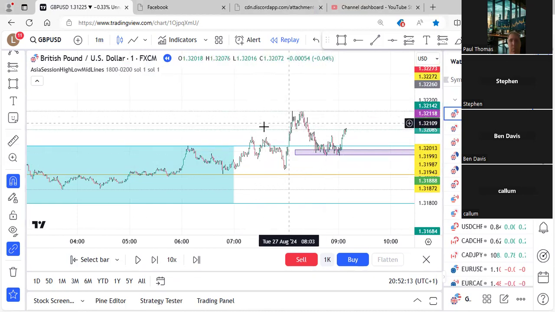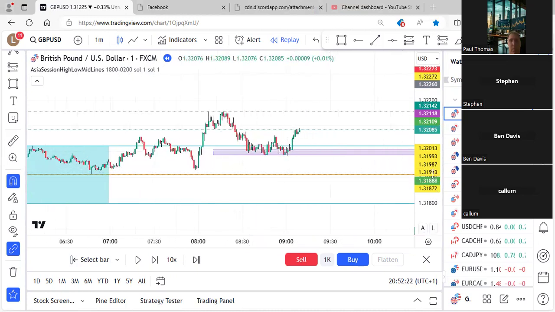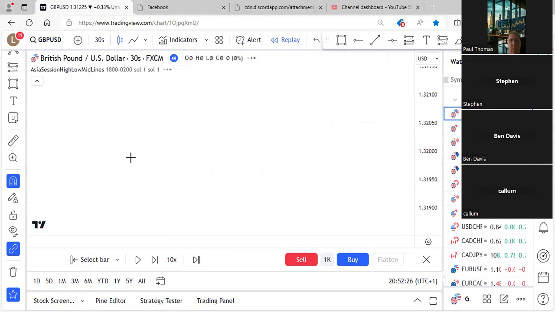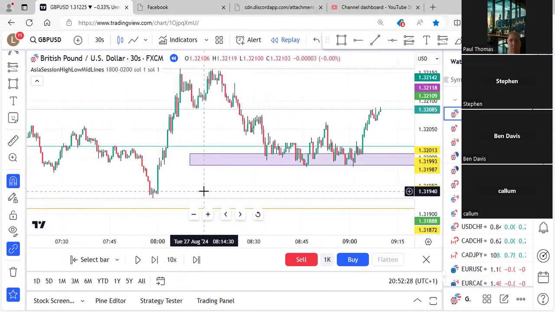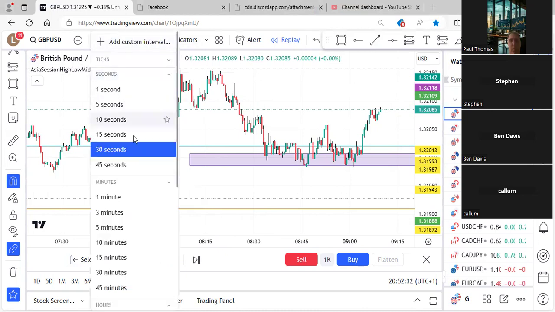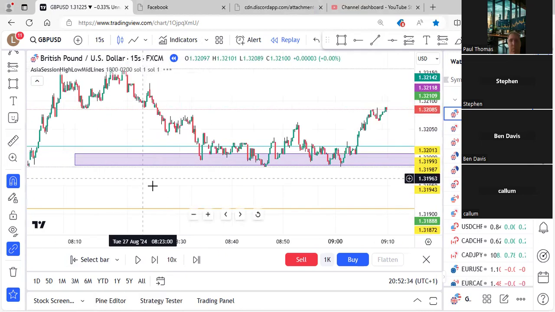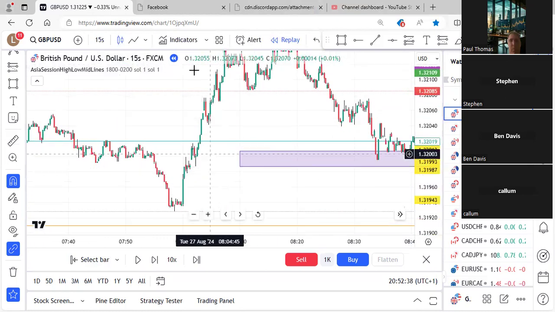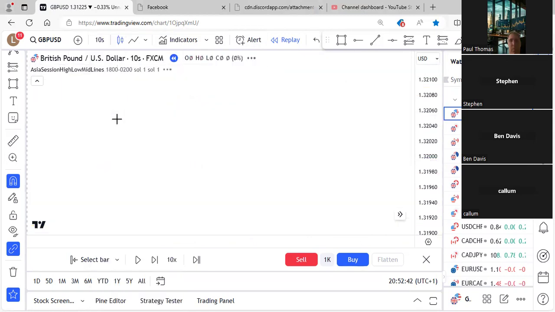So from about here is, if I was looking at it, probably where I'd be looking at a possible buy from. I'd be dropping down. So I don't think I'd have got this one in a way.